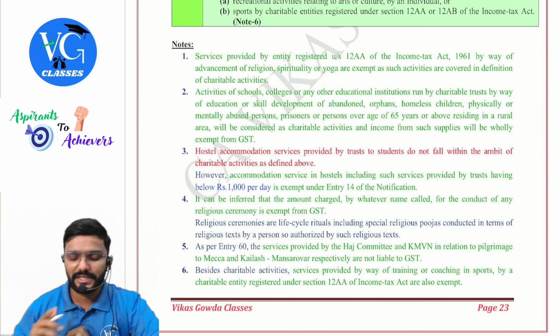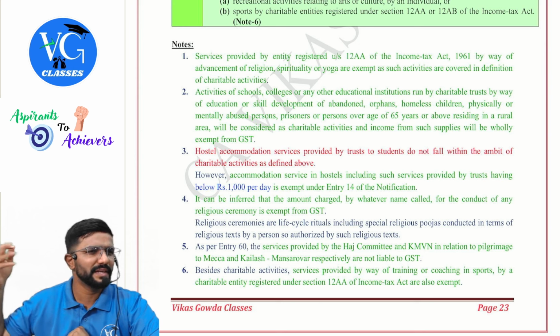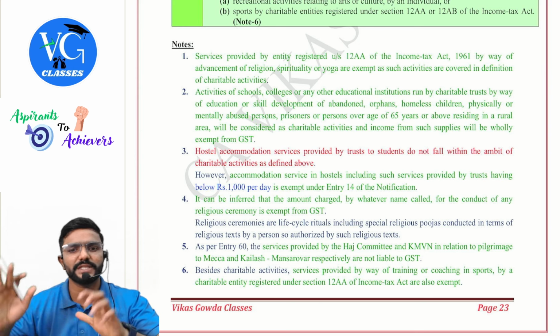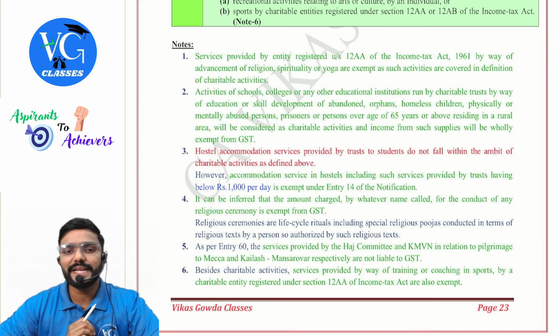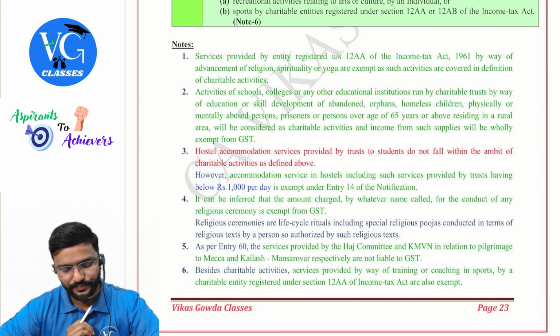Important. See, here there is an age limit. Please be careful. There is another entry where they will give one more exemption for them, but here only 65 or more. Residing in rural area will be considered as charitable activities, and the income from such supplies will be wholly exempt from GST in the hands of the charitable trust.